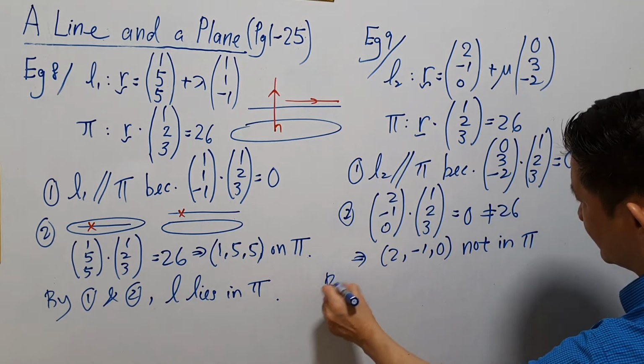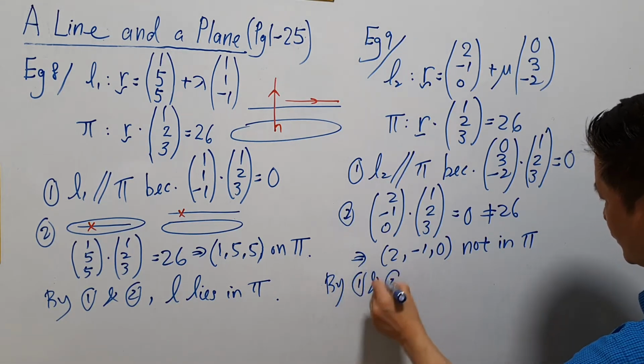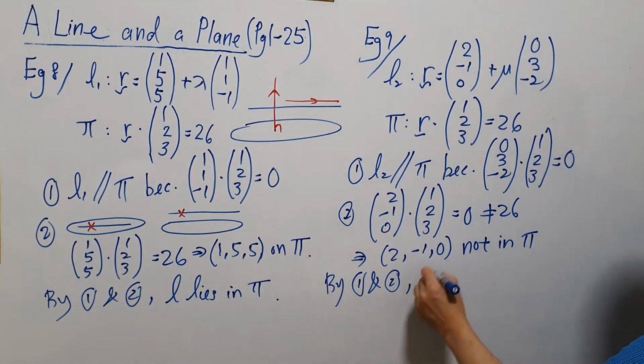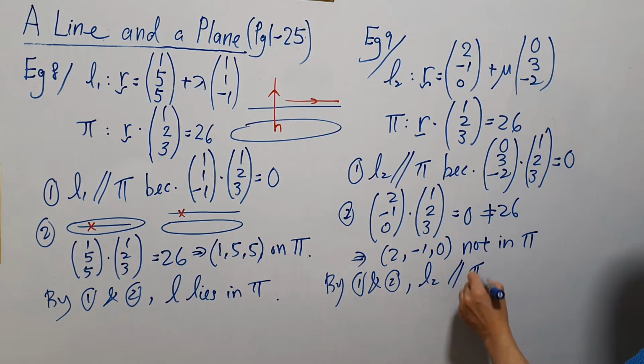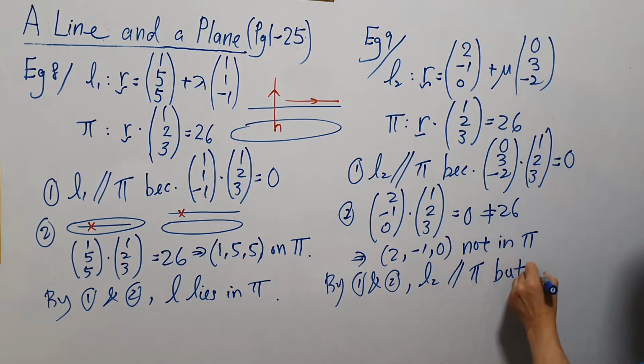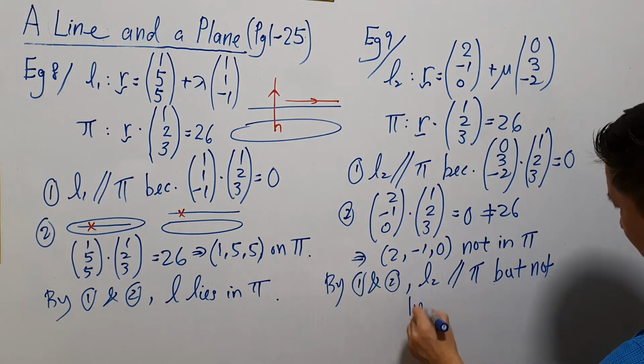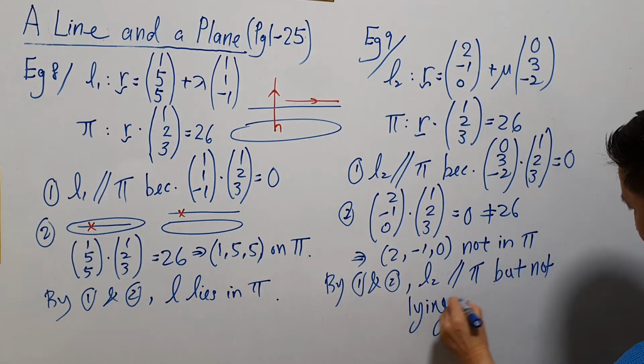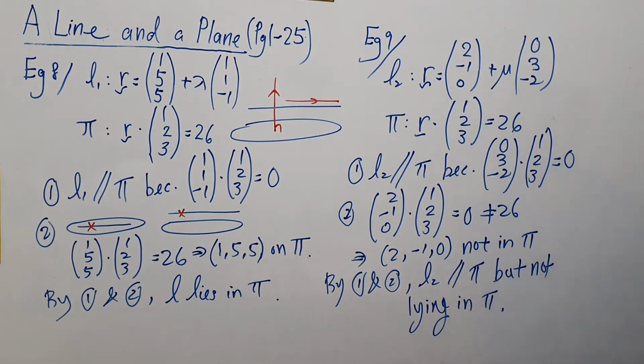So by 1 and 2, L2 is just parallel but not lying in pi. Right, that's example number 9.